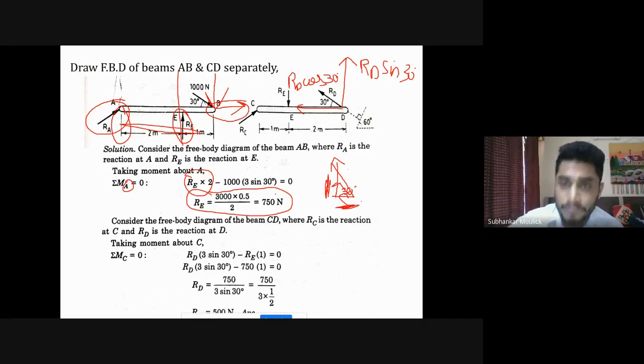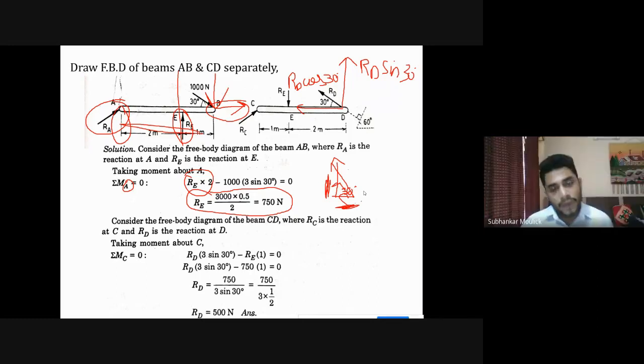Either you have to take the moment at point C, or at point E. If you take the moment at point E, your RC and RD, two unknowns will be there, and again it will be difficult to solve the problem. So if you take moment at point C, RE is already known to you from the FBD of beam AB. One unknown will be there, that is RD, and easily we can calculate the value of RD. So that's why I have taken moment at point C. I haven't taken moment at E, neither at D. Is the step clear?